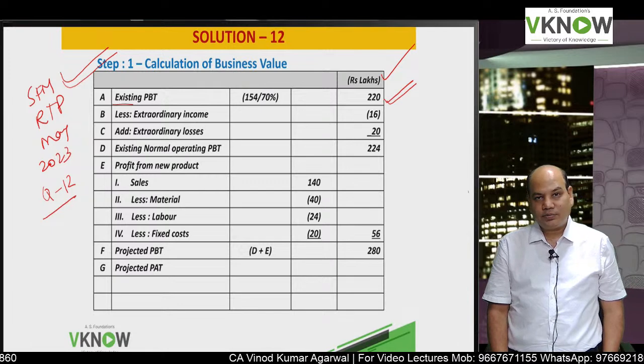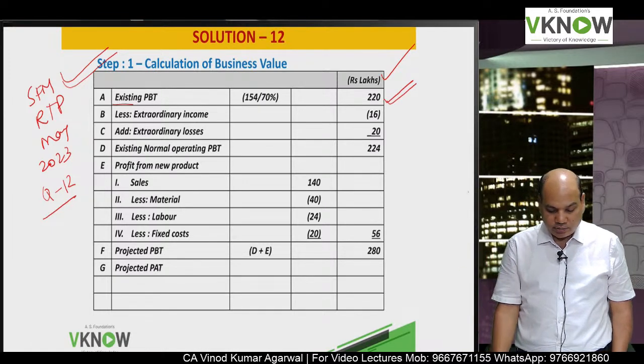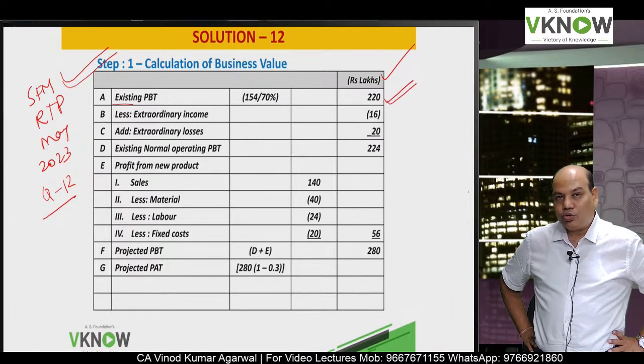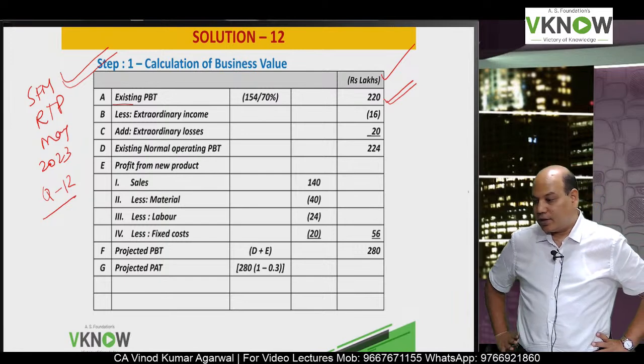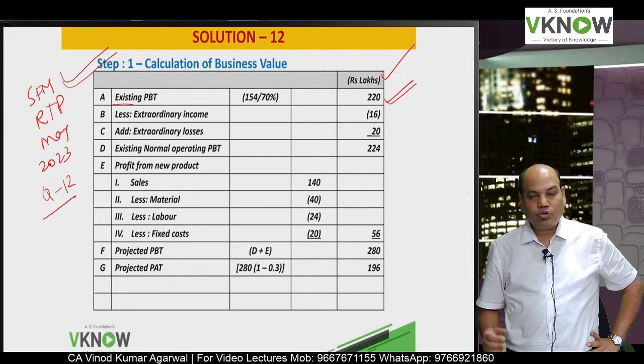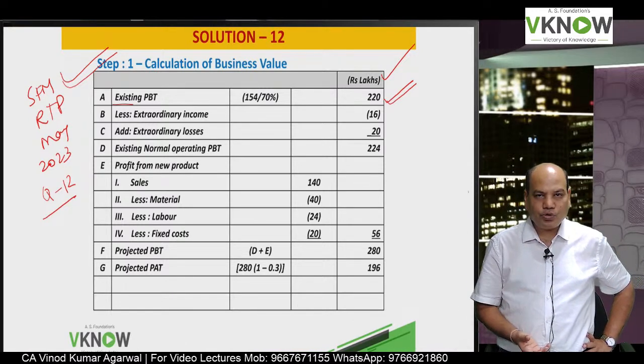Projected PAT, projected PBT 280 into 70%. 30% deduction of tax, 196. So this much profit they will earn in future.